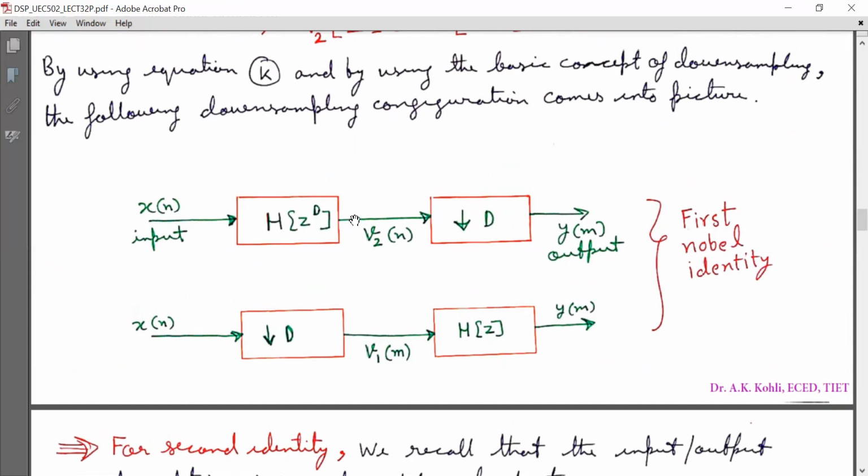The position of blocks can be interchanged, provided that we make appropriate changes in the system function of the filter.